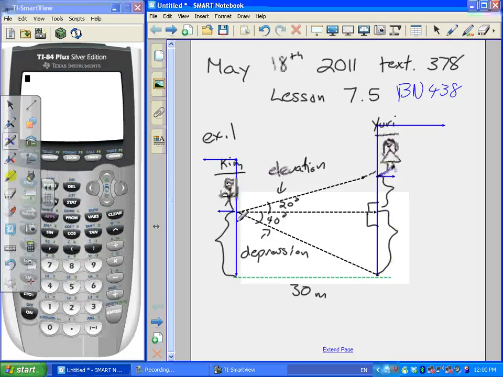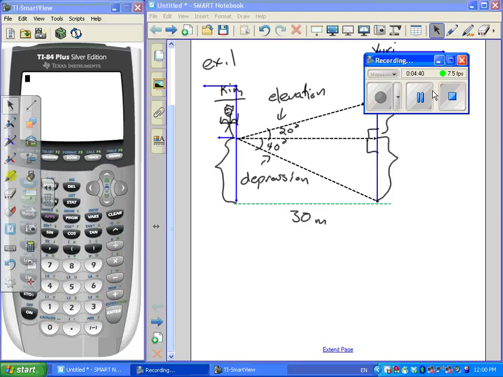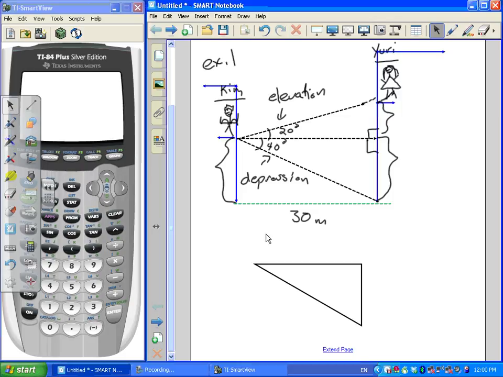So I'm going to draw a separate triangle down here at the bottom. Okay, so we're redrawing this triangle down here. We know that this is 40 degrees, and we know that this distance here is 30 meters. We need to find out this, which we're going to call x.